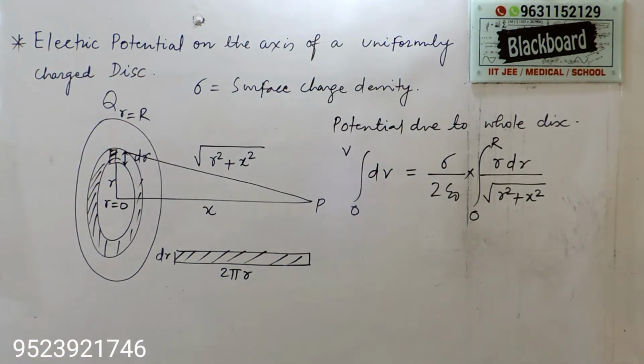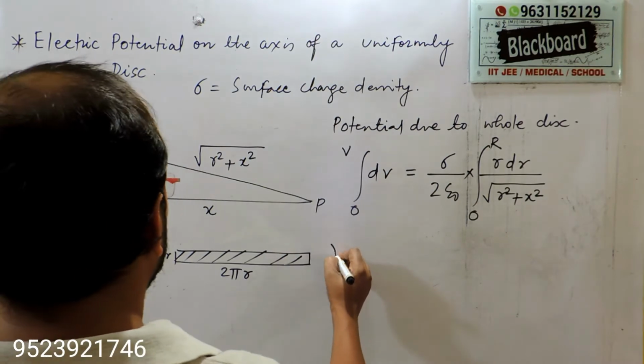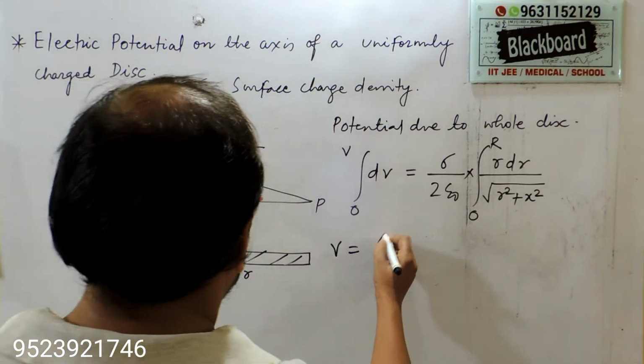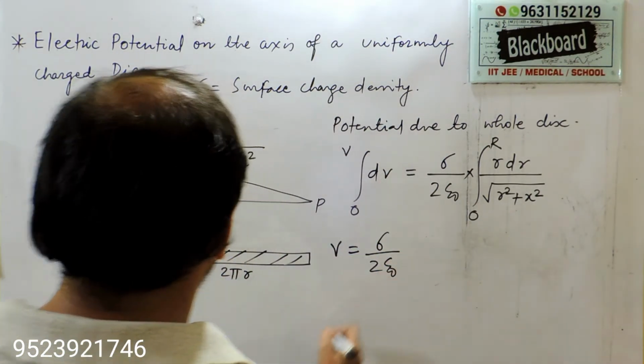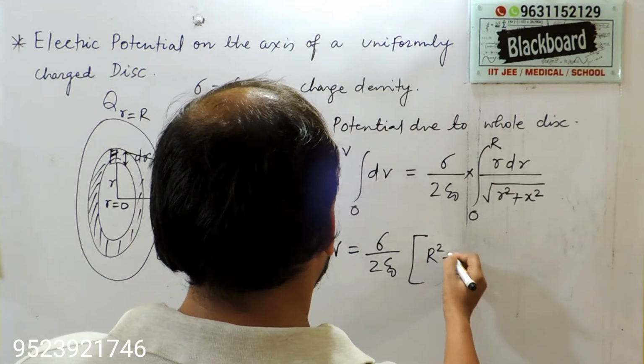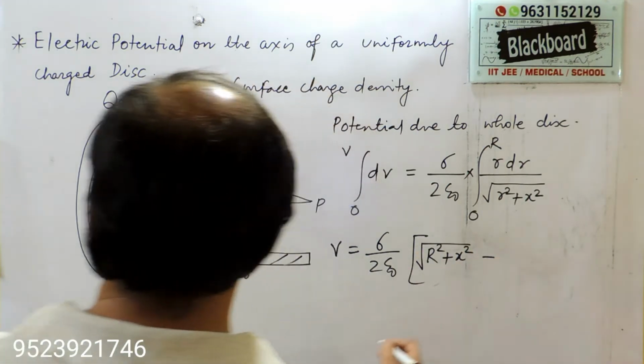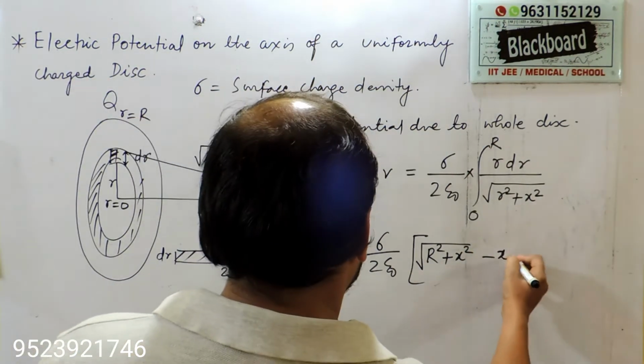After integration you will get V equals sigma by 2 epsilon naught, root over r square plus x square minus x.